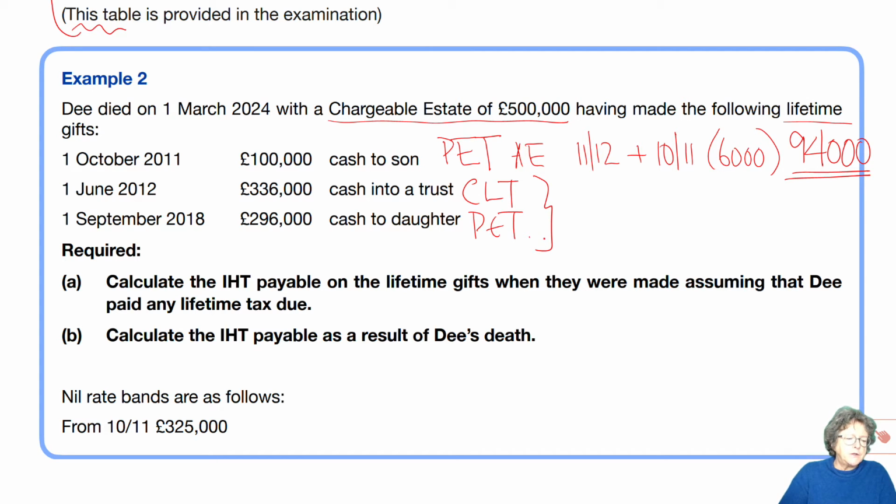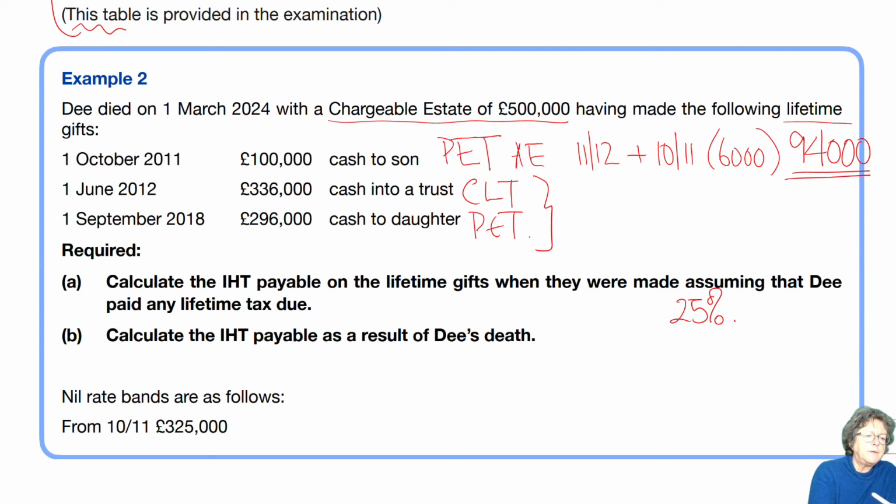So first things first, A, calculate the IHT payable on the lifetime gifts when they were made, assuming that D paid any lifetime tax due. Now, if she's paying the tax, the rate is, remember, 25%. And then in part B, we are to calculate the IHT payable as a result of her death.